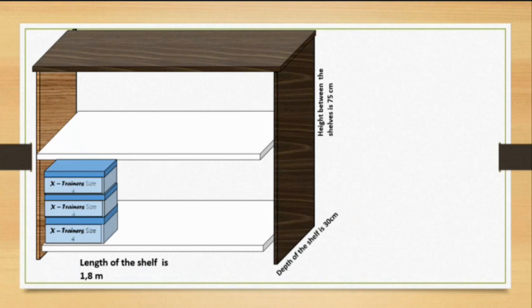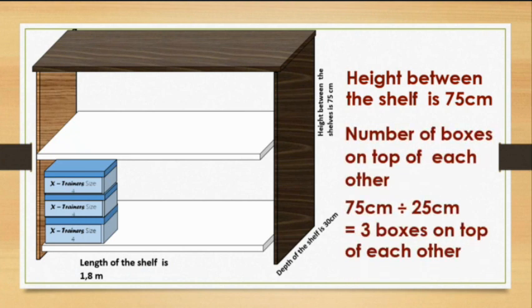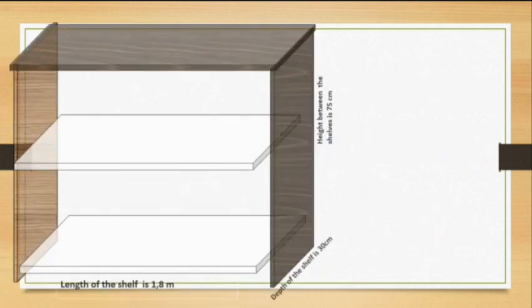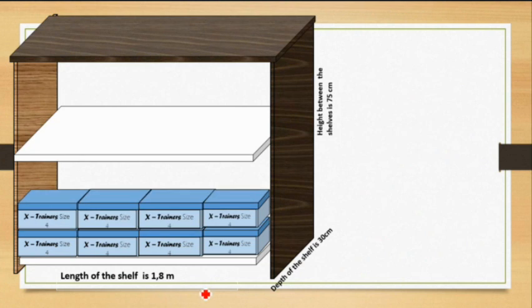Because we know that the height between the shelf is 75, and basically this part here, if I had to remind you, was 25 centimeters, the height of this box. So hence we can just say 75 divided by 25, we get 3. Now we know we have 4, we have 3 layers.